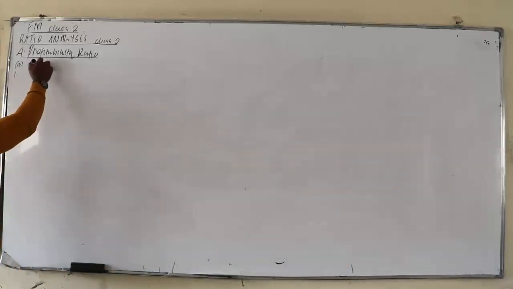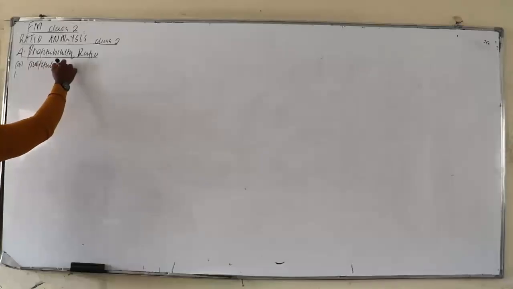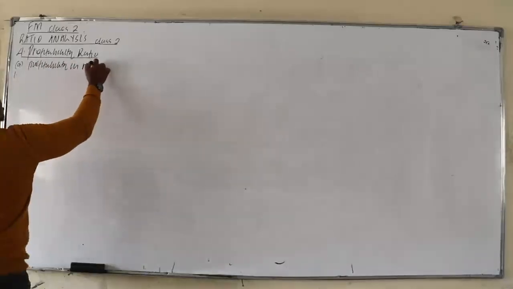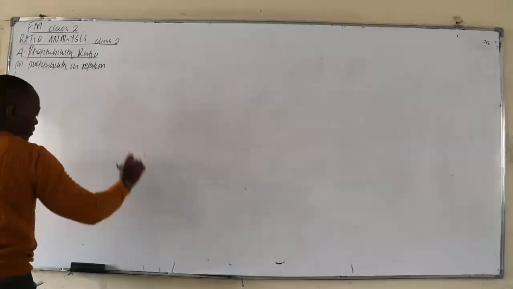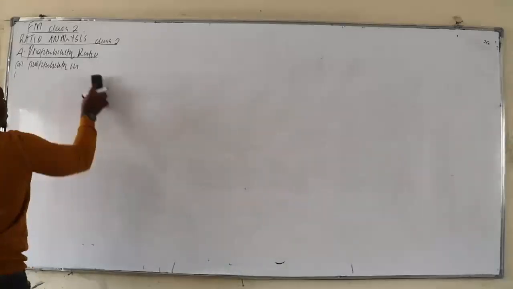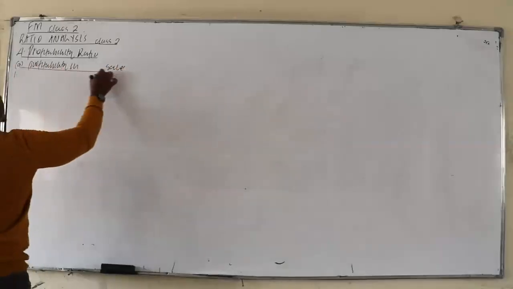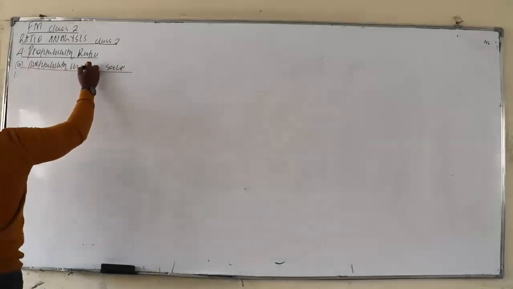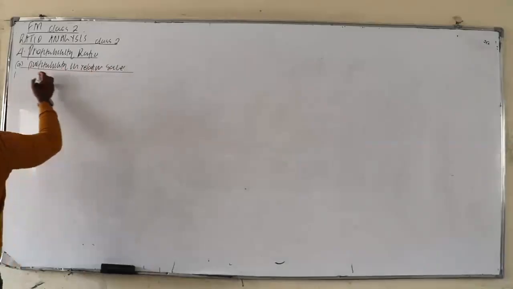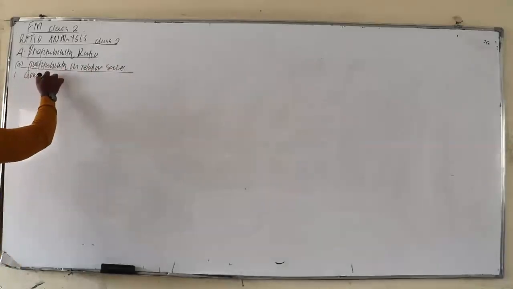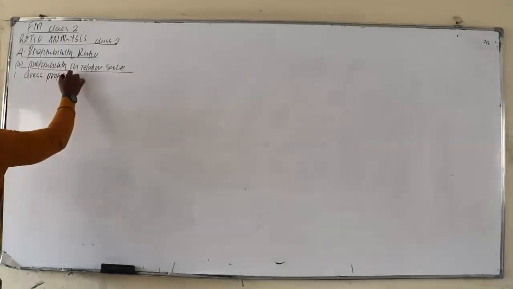Now you're looking at the profitability in relation to sales. Number 1 is the gross profit margin.